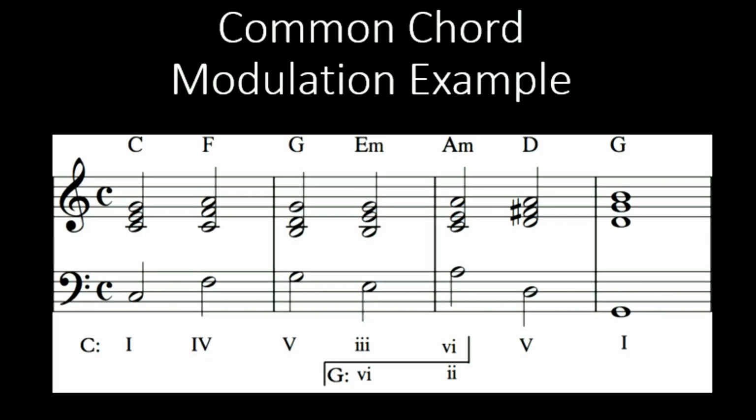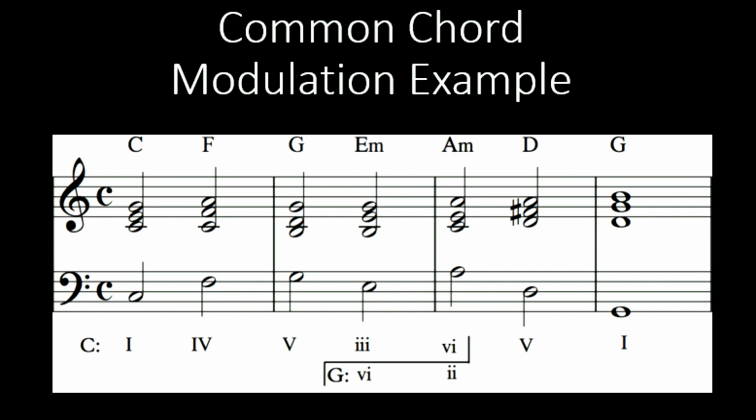So here's our common chord modulation example. We're starting in C major, and we have a C chord. Then we're going to, still in C major, an F chord. Moving into the next measure, we have a G chord. And then what we're doing here is we're going to an E minor chord, which exists in the key of C, but it also exists in the key of G. So we can use that as our pivot chord.